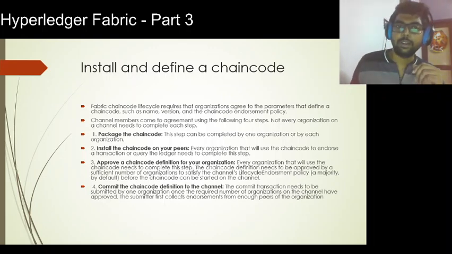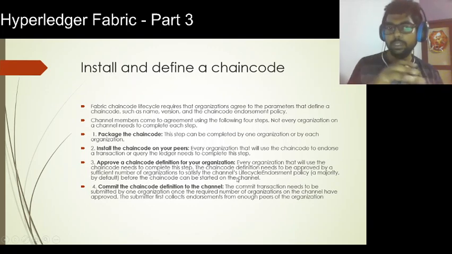Now approve the chain code definition for your organization. Every organization that will use the chain code needs to complete this step. The chain code definition needs to be approved by sufficient members of the organization to satisfy the channel lifecycle endorsement policy, a majority by default, before the chain code can be started on the channel. Now we are deploying a new chain code.